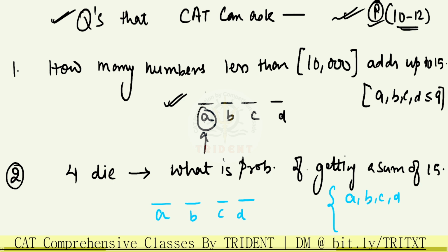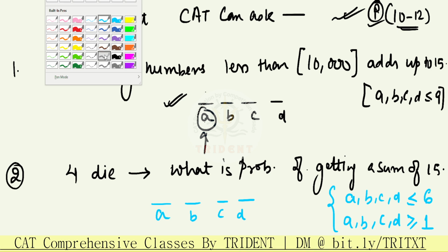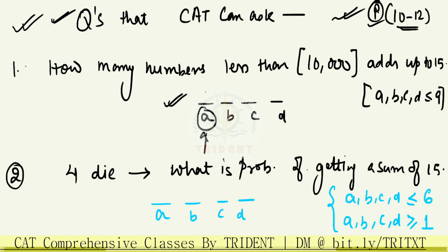So A, B, C and D can each be less than or equal to 6, and at the same time, because of the nature of the dice itself, A, B, C and D have to be greater than or equal to 1. So you just need to take care of the conditions. Please understand, most of the time we don't get very high accuracy in permutation and combination because students tend to leave out the essential conditions that are given in the questions.